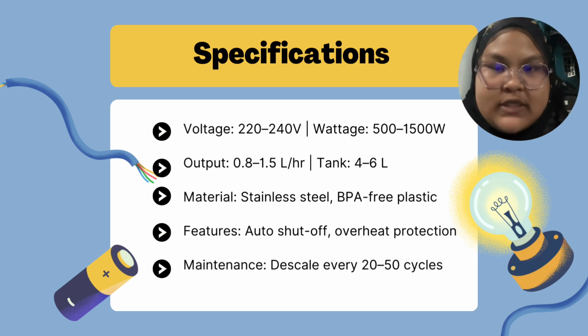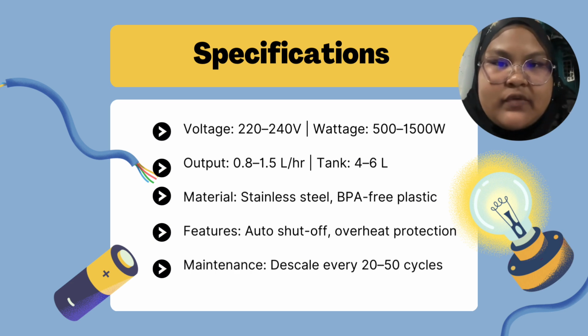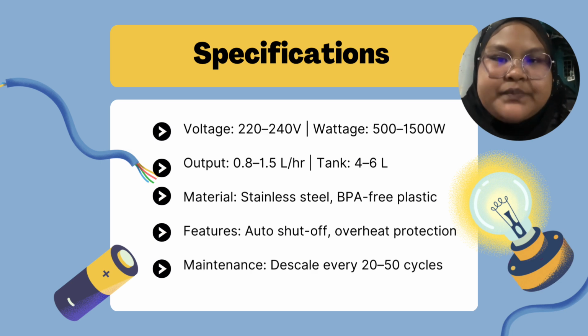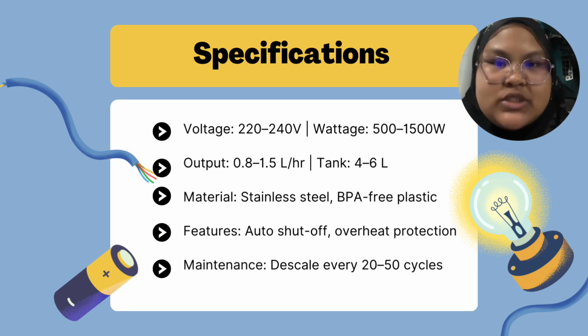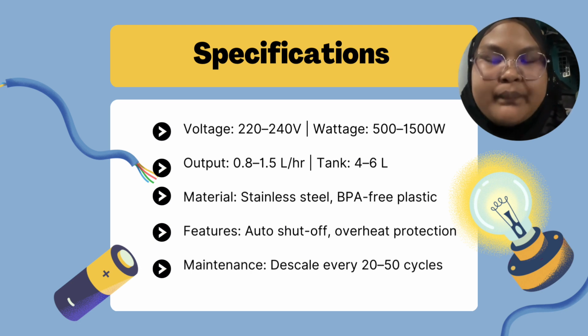Good day everyone, my name is Nabila, and now I will present the specifications of the water distiller. First, the water distiller operates at 220 to 240 volts and consumes between 500 to 1500 watts depending on the model. Next, the boiling chamber holds about 4 to 6 liters and it produces up to 1.5 liters of distilled water per hour.